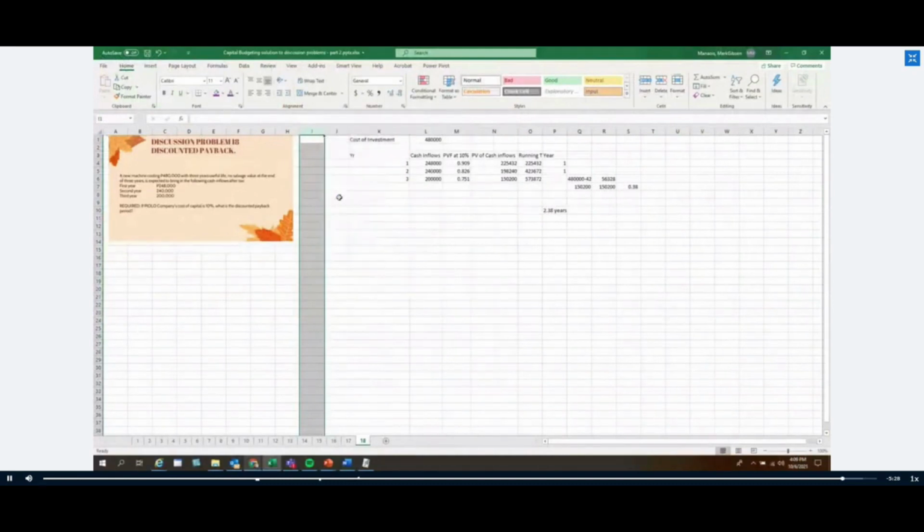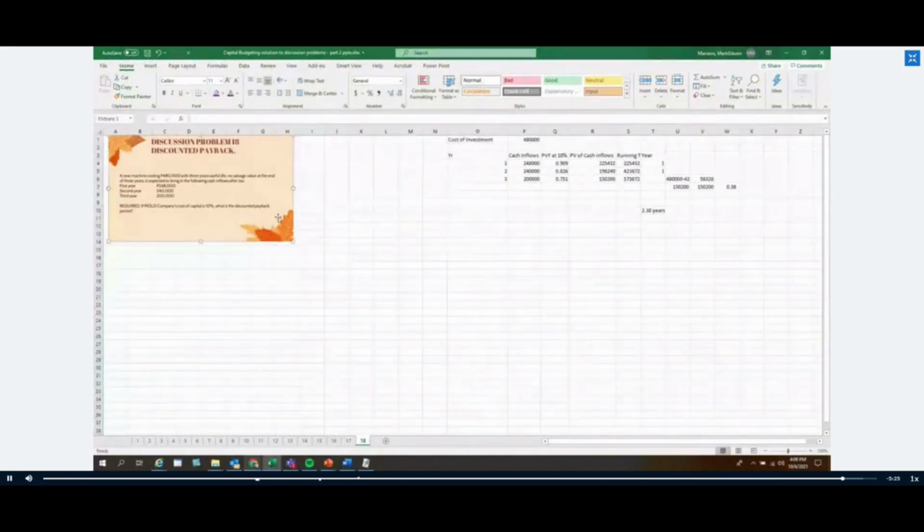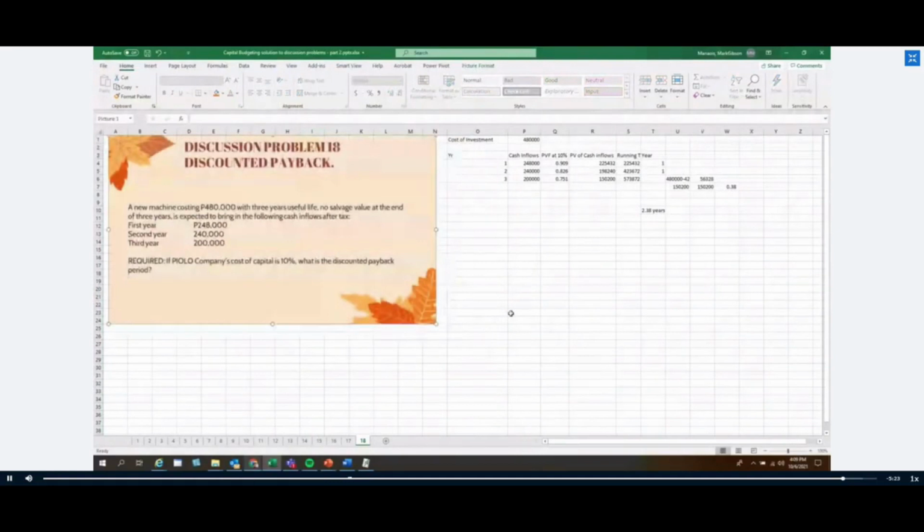We've done this several times already. You have your cost of investment of 480,000. Because this is uneven, the present value factor we use is the present value of 1. The cash inflows given are 248, 240, and 200,000.